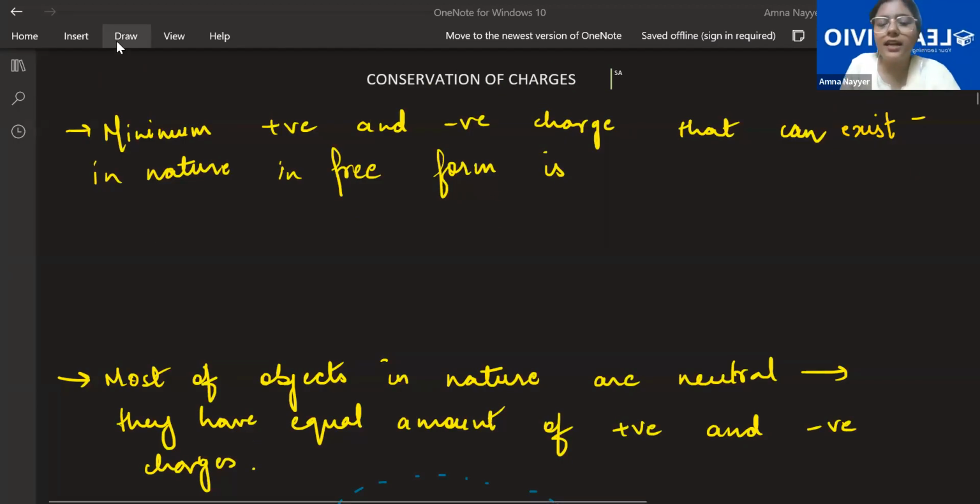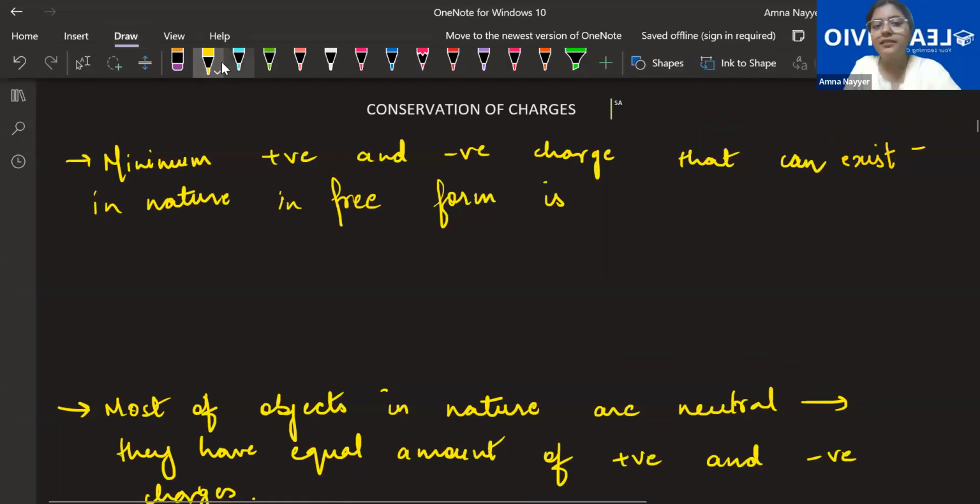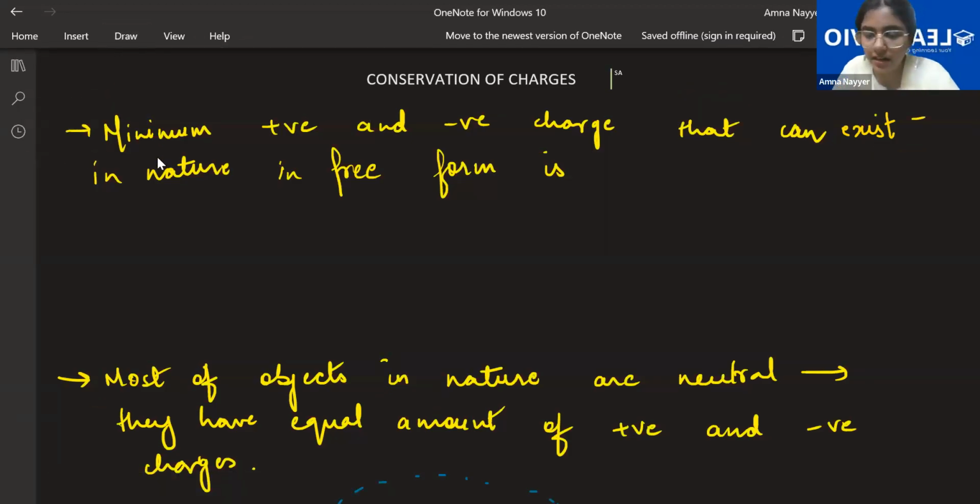So there is a minimum charge that exists. Electrons are different, charges are different. Electrons are entities, particles that contain charges in them. One electron will have some amount of charge.